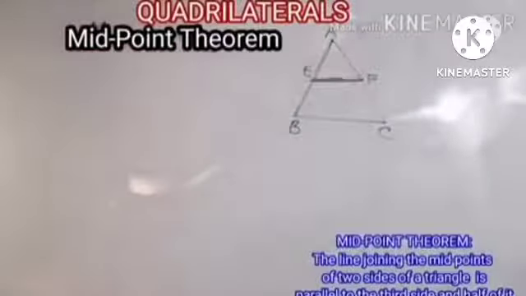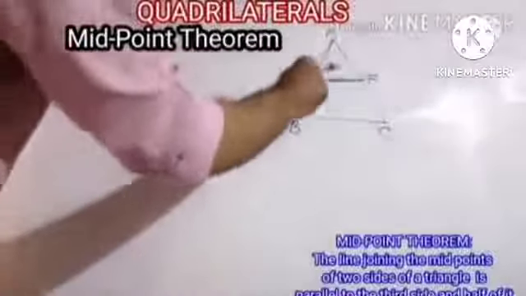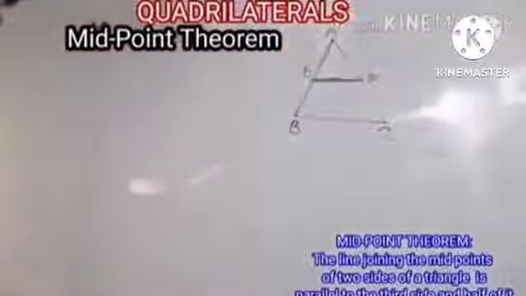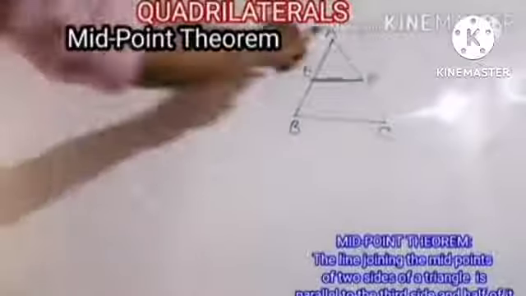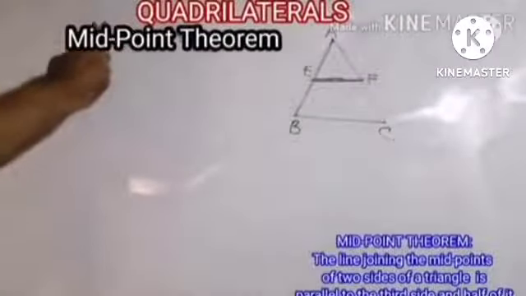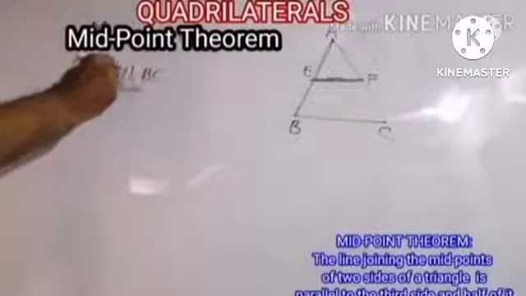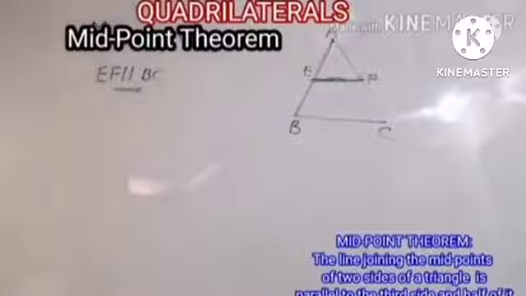This is given: E and F are the midpoints of the sides AB and AC of triangle ABC. Now what is to prove? That it is parallel to the third side. That means we have to prove that EF is parallel to BC.